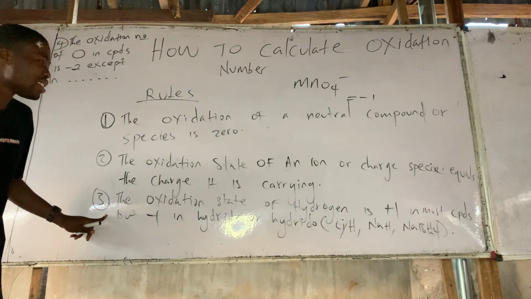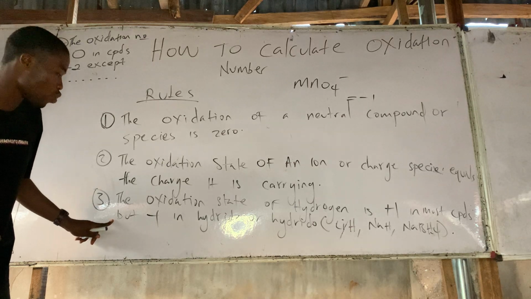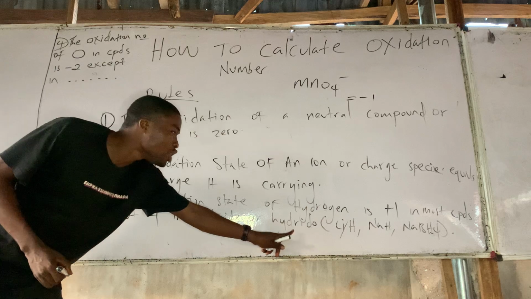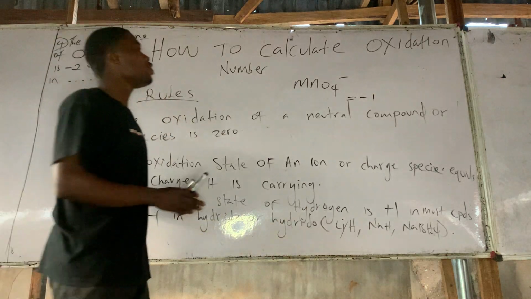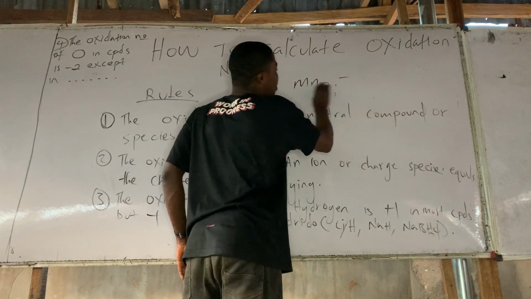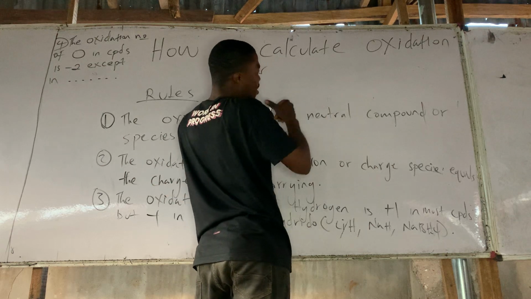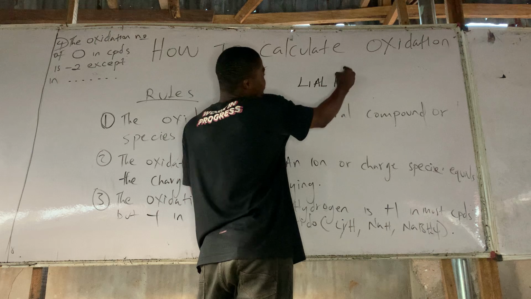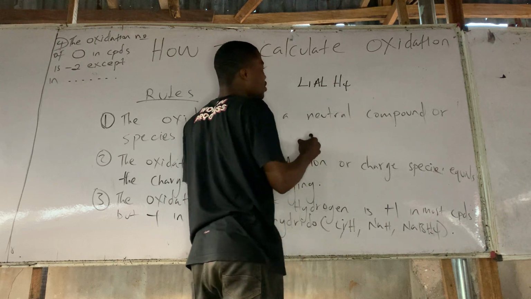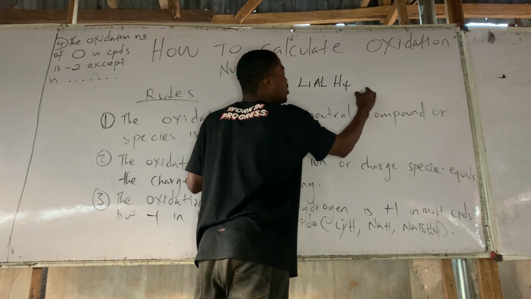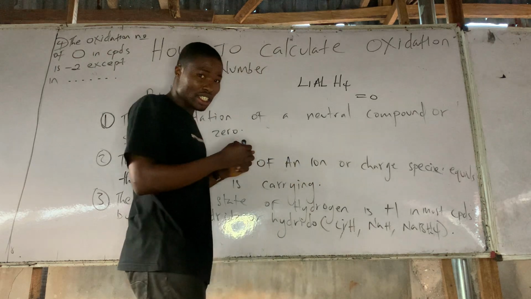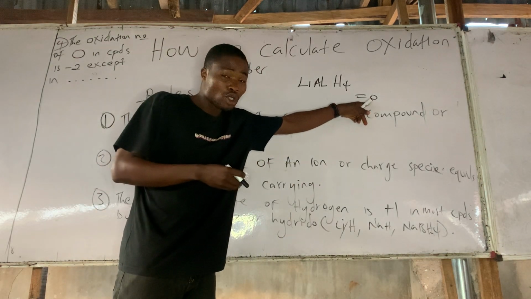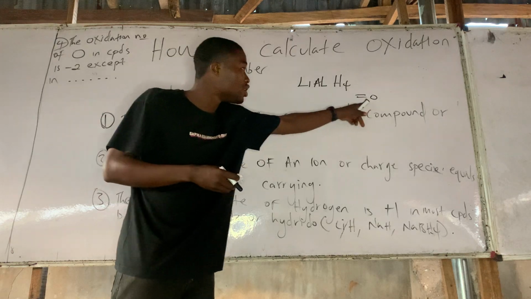That being clear, going to the third rule: the oxidation state of hydrogen is +1, but -1 in hydride or hydrido. What do we mean? Assuming I have a compound like LiAlH4, we already established that this compound is not charged, so the sum oxidation number for the compound will be 0.